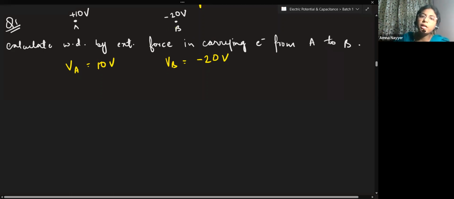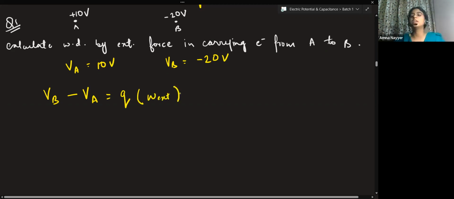So final potential will be VB minus initial potential. Initial potential is VA. This is equal to what? Charge, meaning the charge of an electron, multiplied by the work done. Now VB you know, VA you know, Q you know, you have to calculate work done. So see, VB is minus 20, VA is 10.